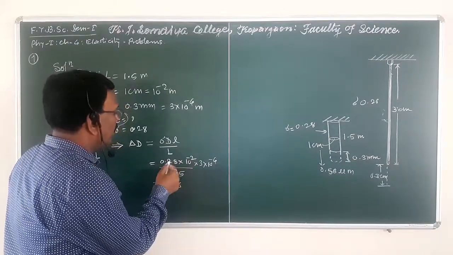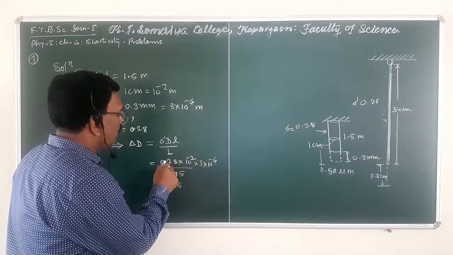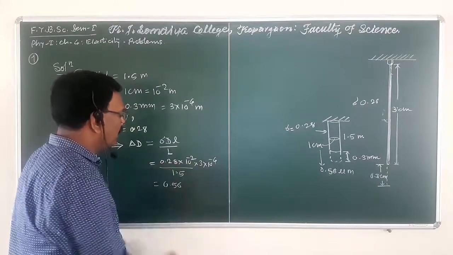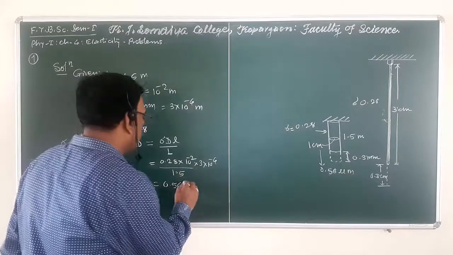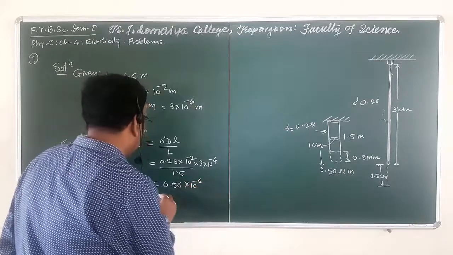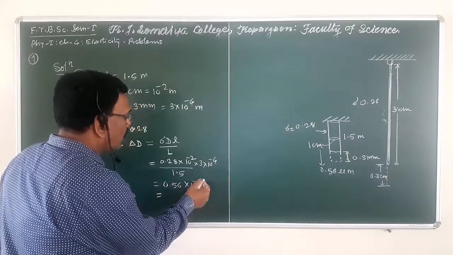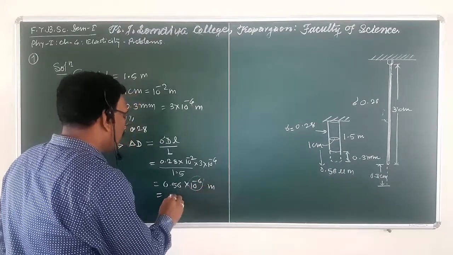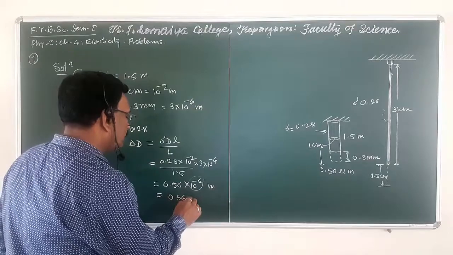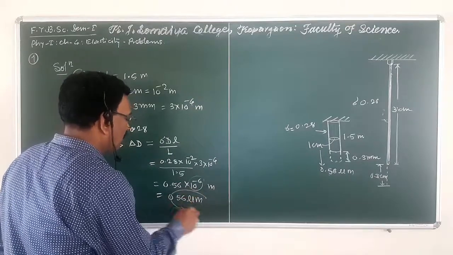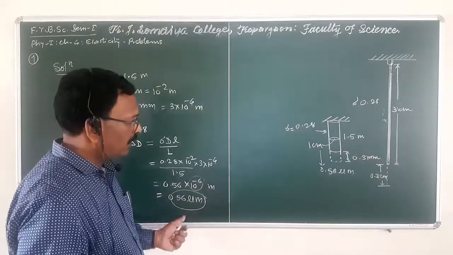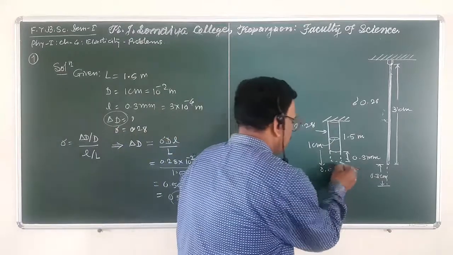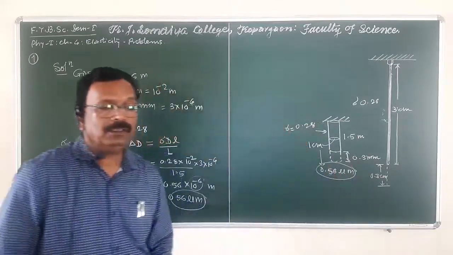Simply, you have to multiply 0.28 into 3 and then divide by 1.5, you will get this, and into 10 raised to minus 6. Sorry, this is in meter. Convert in micrometer, you will get 0.56 micrometer. Very simple. This is nothing but the reduction in diameter.